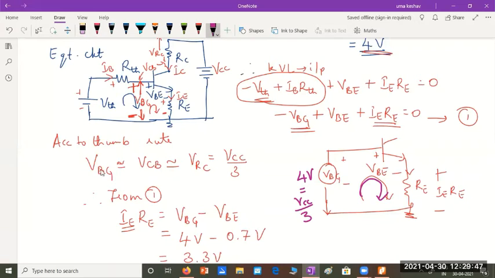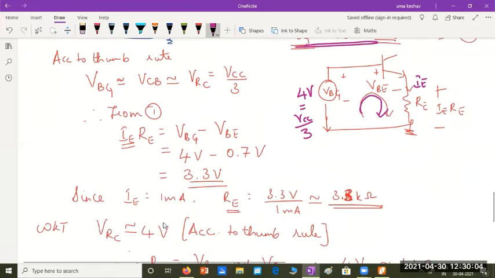What did we get? We got minus VBG plus VBE plus IERE. This current is IE, so plus IERE is 0. And from this we tried to find the value of RE.